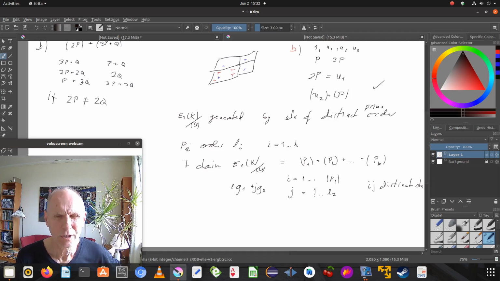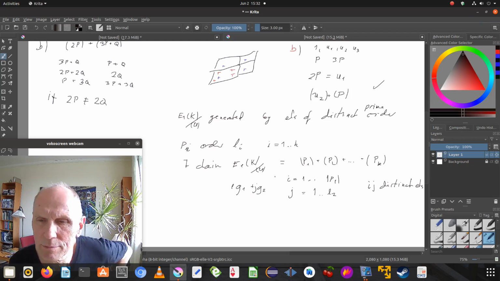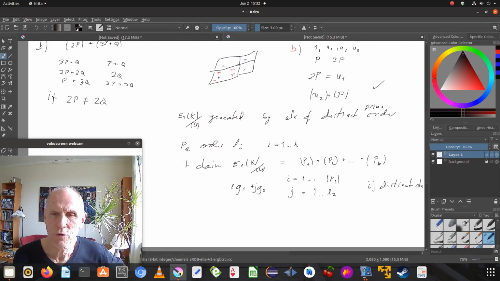Isn't that obvious? Otherwise, by subtracting, if there are two which are equal, then one of these guys must vanish, which is impossible, because G2 doesn't lie in, that's not the point really.